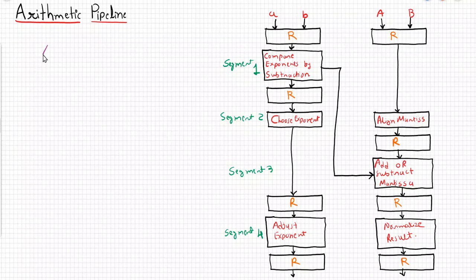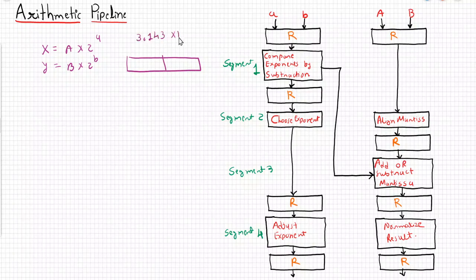Clear? So how will this work? Let us start. Here x equals a into 2 raised to a, and y equals b into 2 raised to b. We already know how a computer stores a floating point number. It will use two locations. Let's say I want to store the value 3.143 into 10 raised to 3.